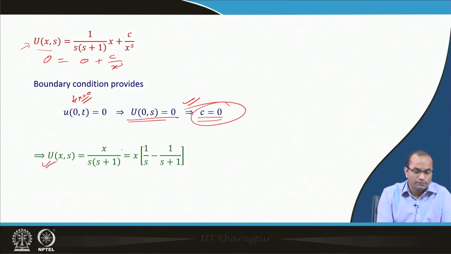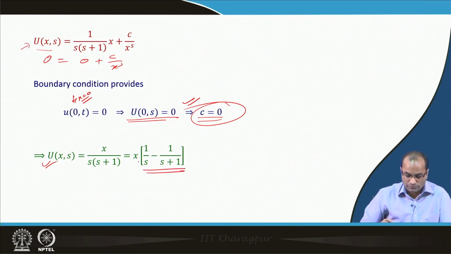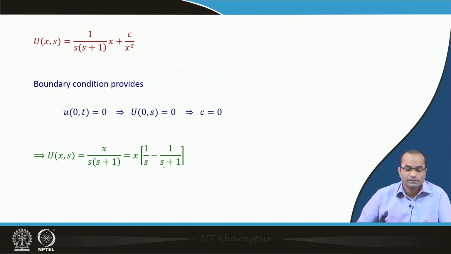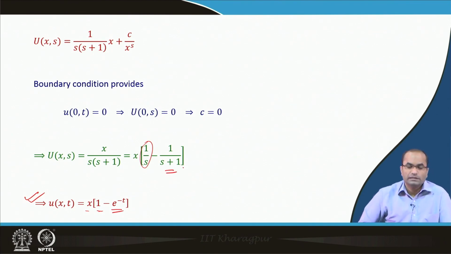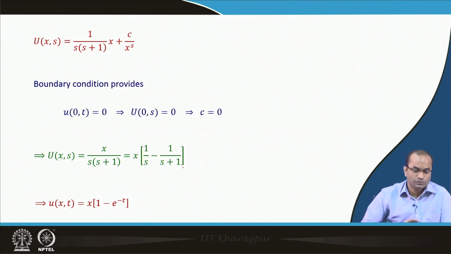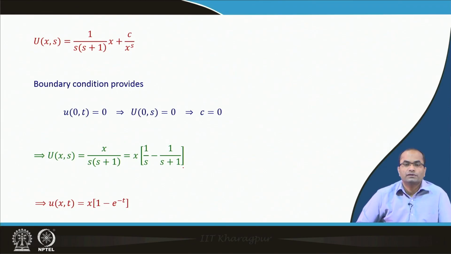So U(x,s) will be x over s(s+1) because c is 0. Then taking partial fractions we have 1 over s minus 1 over s+1, and we can go for the inverse Laplace transform with x there. 1 over s gives just 1, and then we have e to the power minus t. So that is the solution of the given differential equation.